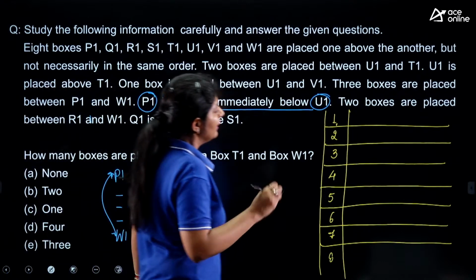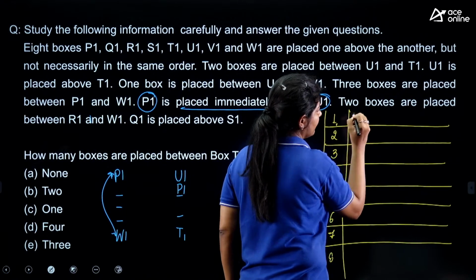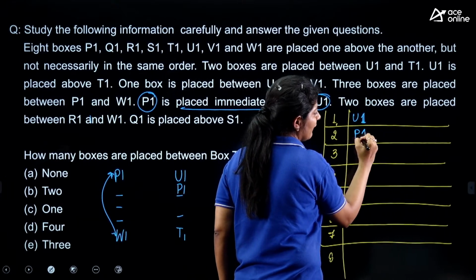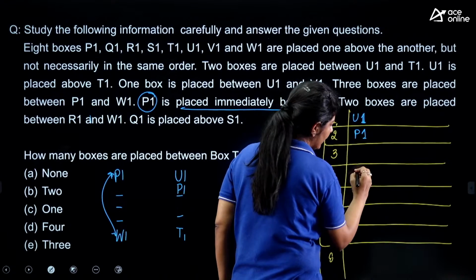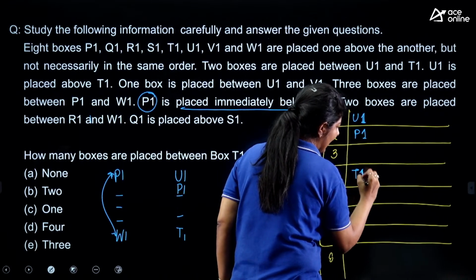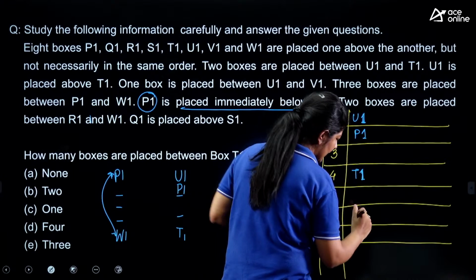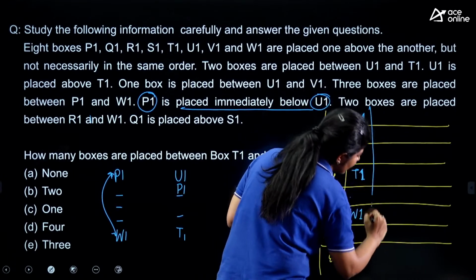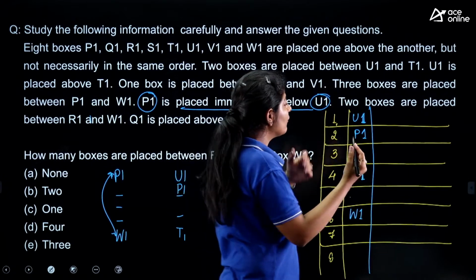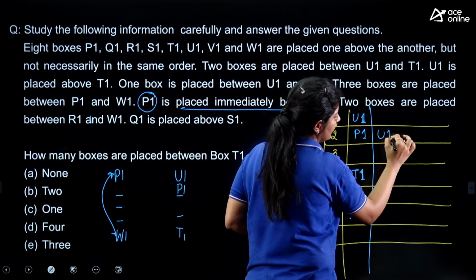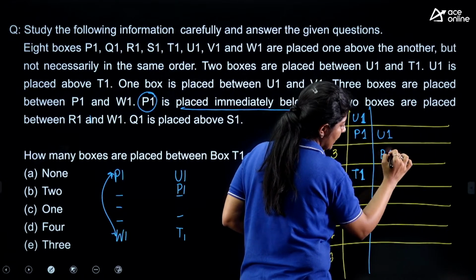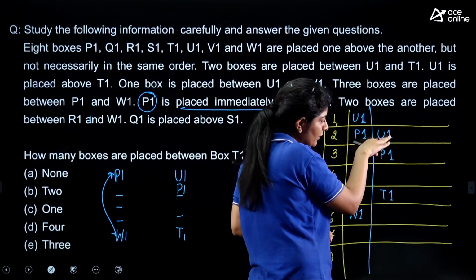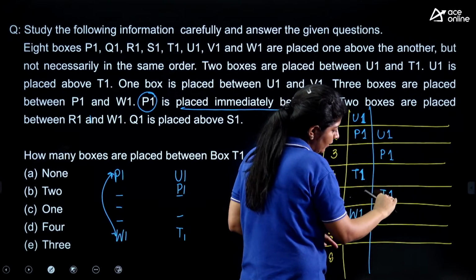Okay. Let's suppose here we are having U1. In that case, we need to put P1 over here, and according to that, T1 is over here and W1, 1, 2, 3. That means W1 is over here, right? This is my first possibility. But what if I am having U1 over here? In that case, P1 over here and T1 over here, and we can't go upside, so we need to move in downwards direction only. 1, 2, 3.